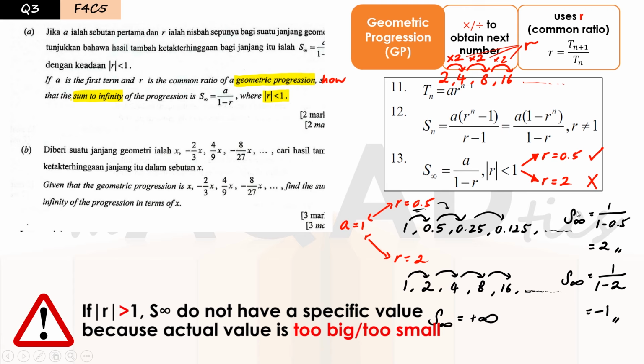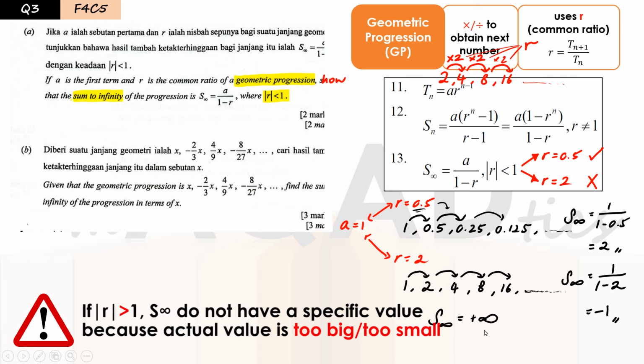For example, here you can see that S infinity has a value which is 2. But for this kind of case, the S infinity will go up to infinity. So we don't have a value for that, which is why the S to infinity formula fails here, because it couldn't capture the infinity.